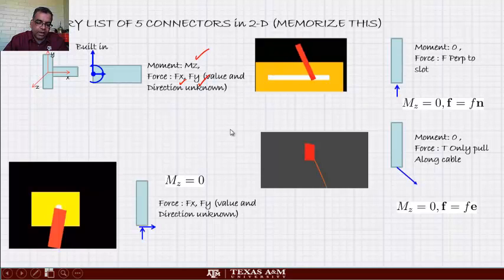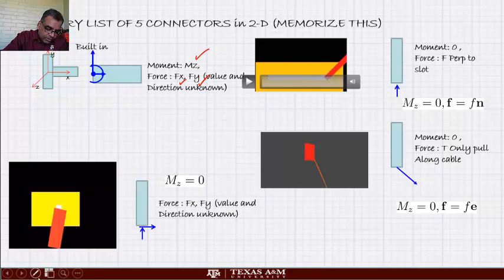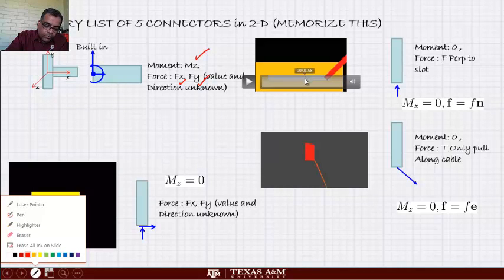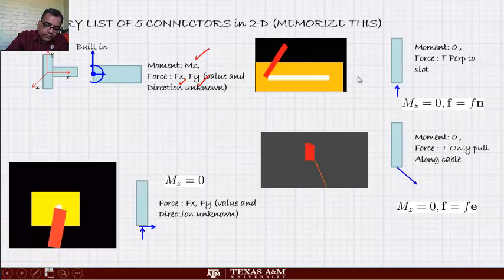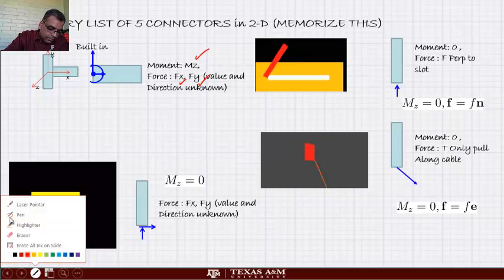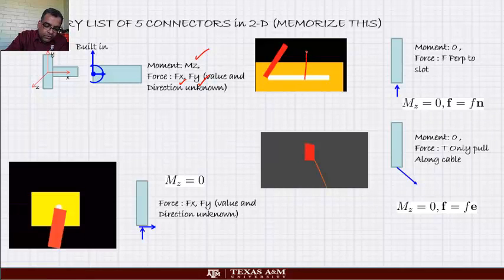That's our pin slider, as well as our wheel joint. Remember, a non-driven wheel. Now, in this particular case, the moment is 0 and the force is along the normal to this thing. The force is like that. The force is along the normal to this thing.